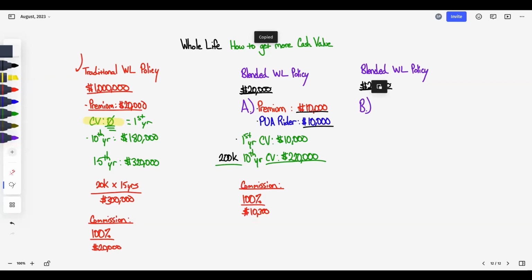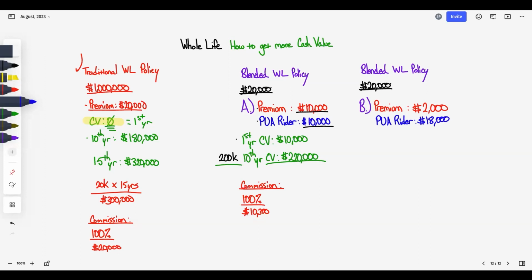Of that $20,000, remember you can choose where it goes. Instead of putting half of it to the premium, I'm going to go as low as I can. And we'll assume we're with a company that allows us to 10x our base premium. The premium is $2,000. Then we've got $18,000 toward the PUA.